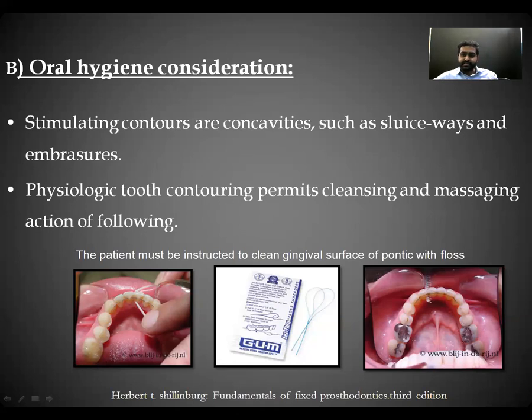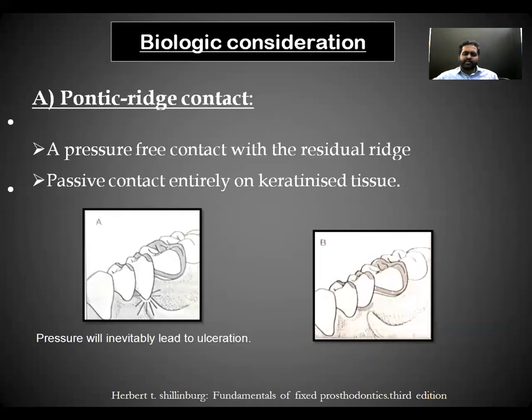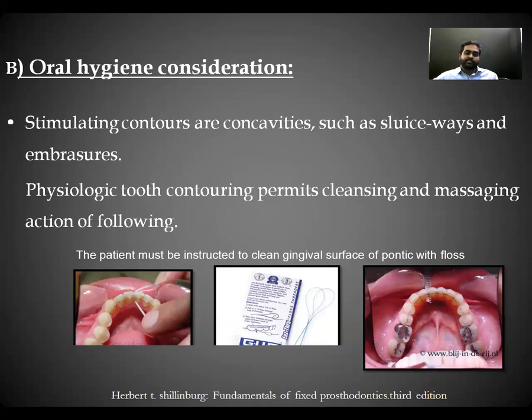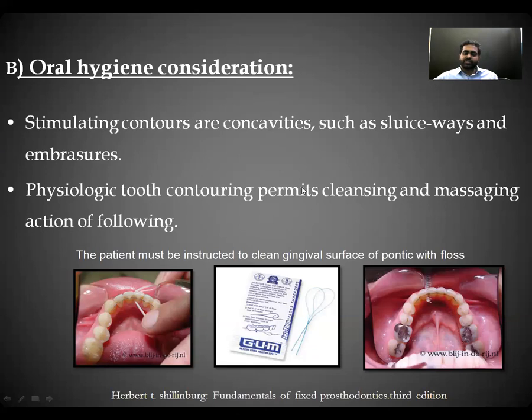While selecting any design, the appropriate consideration should be given so that there is no ulceration or any gingival problems. Oral hygiene instructions should be given to each and every patient to maintain and massage the gingiva in such a way that there is no food accumulation or impingement on the root surface.